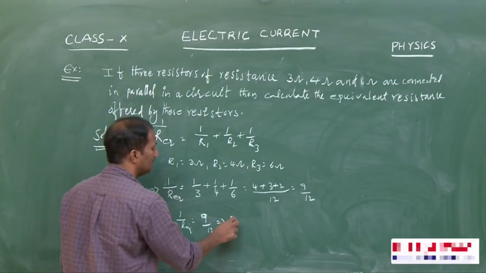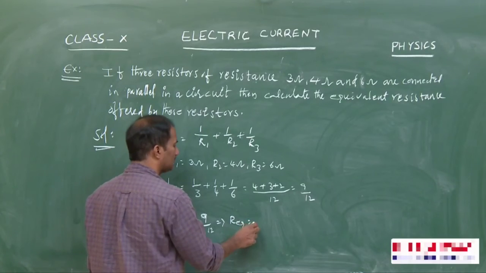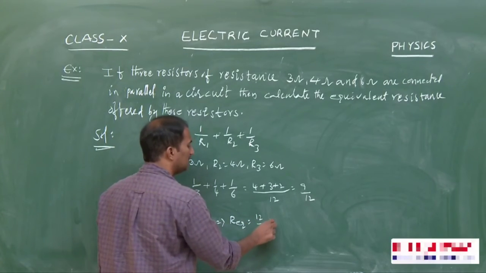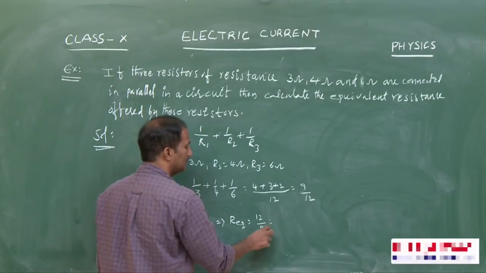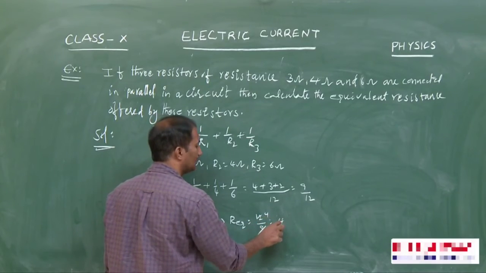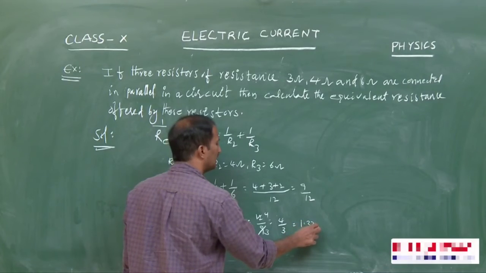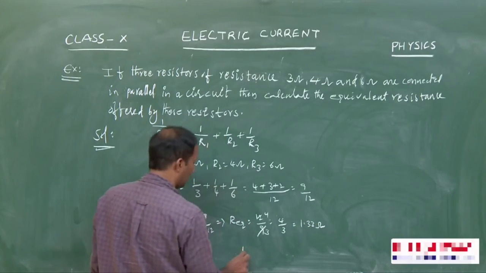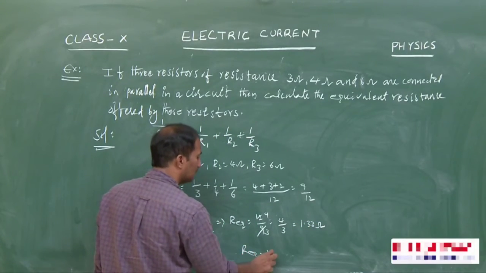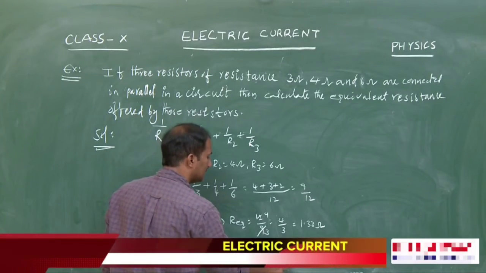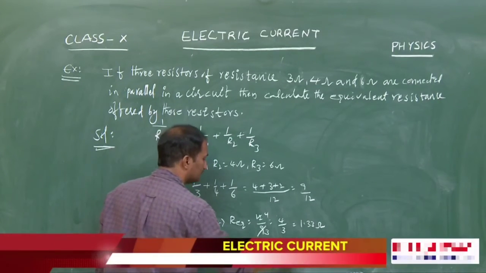That implies R equivalent equals 12 by 9, that equals 4 by 3, that equals 1.33 and so on. R equivalent is equal to 1.33 ohms.